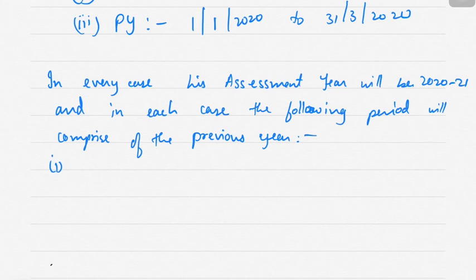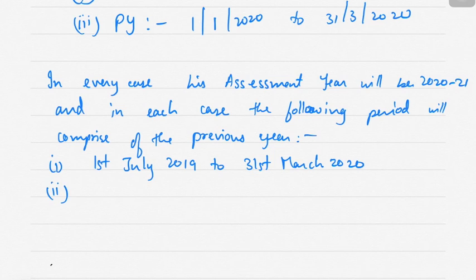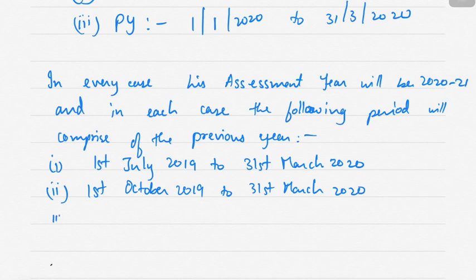For first one it would be 1st July 2019 to 31st March 2020, and the second case it would be 1st October 2019 to 31st March 2020, and in third case it would be 1st January 2020 to 31st March 2020.